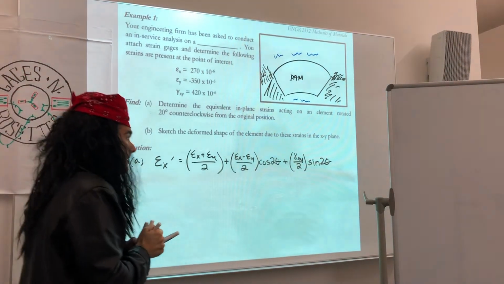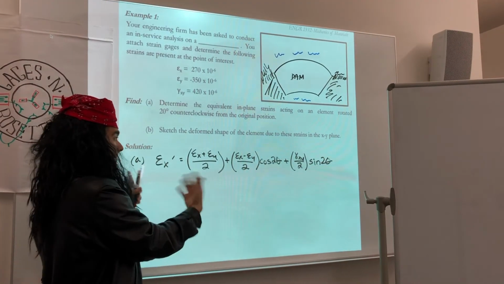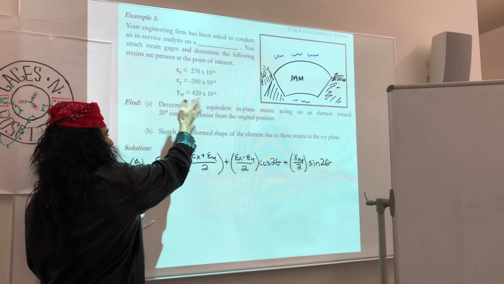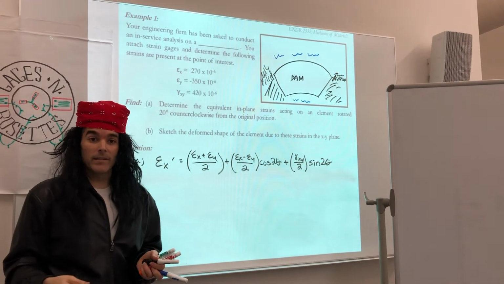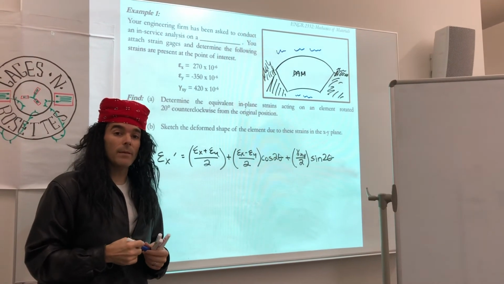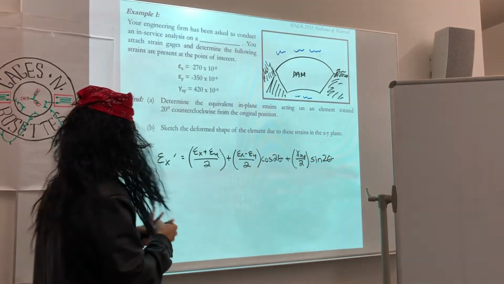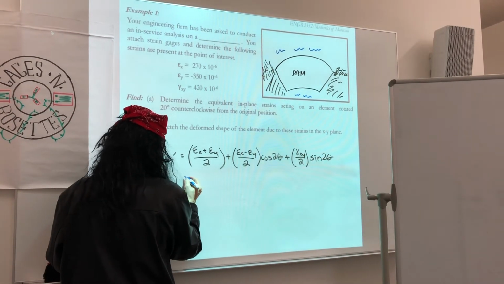So all we need to do is substitute for epsilon x, epsilon y, and gamma xy, and we get the answer. Again, making sure that we substitute with the negative sign. So I'll go ahead and work this one out with you.